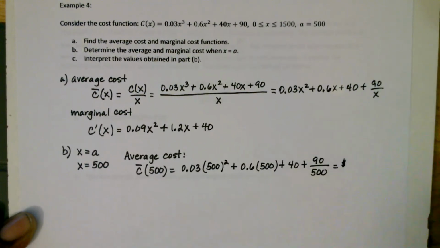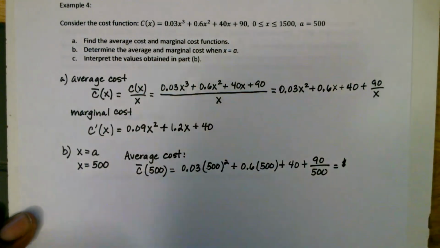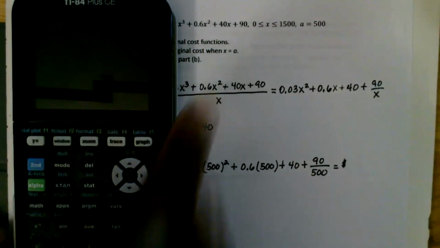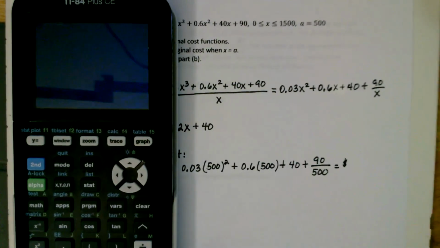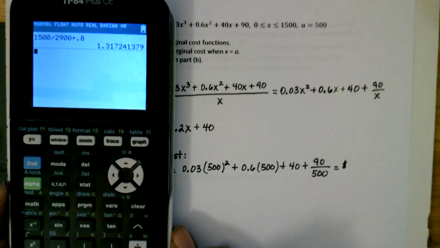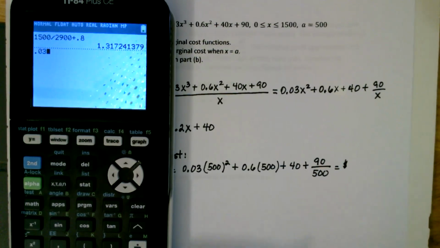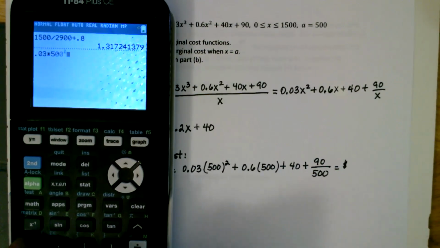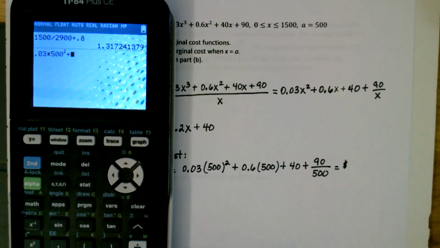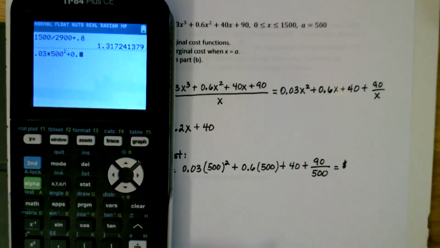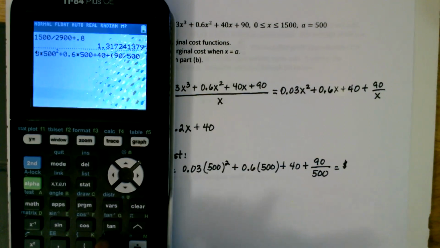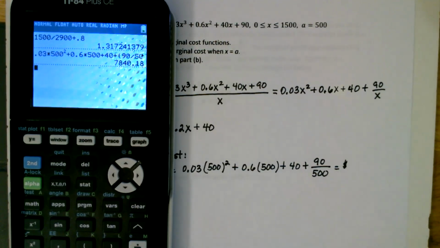And I believe I can type all of this in the calculator to get the average cost. And that is what I will do. So here I got 0.03 times 500, and that's going to be squared, plus 0.6 times 500, plus 40, plus, and I'm going to put the 90 divided by 500 in parentheses, and then hit enter.